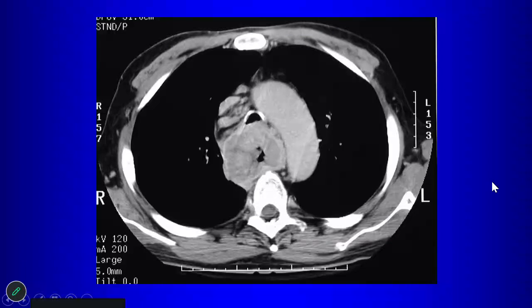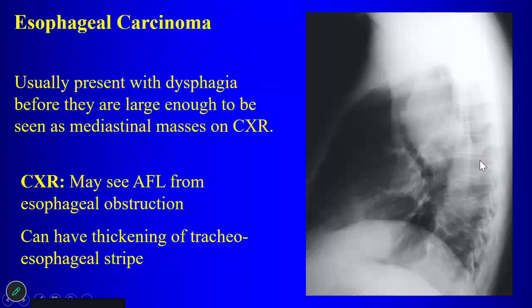So these lesions usually present with obstructive symptoms before you can actually see them on chest radiograph. But on imaging, on CT, you get circumferential thickening of the esophagus. The esophagus, remember, lives behind the trachea, so large masses can deviate the trachea anteriorly. So that's an example of esophageal carcinoma in this case.